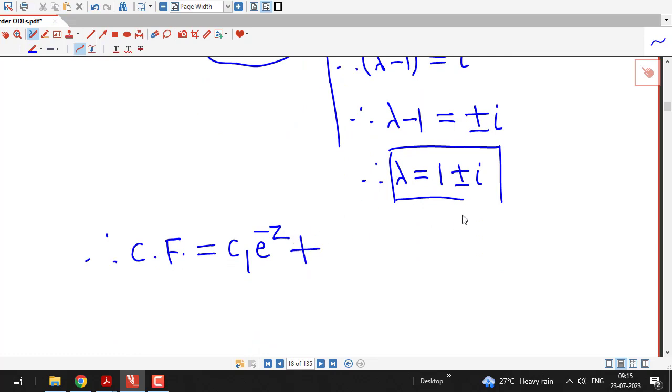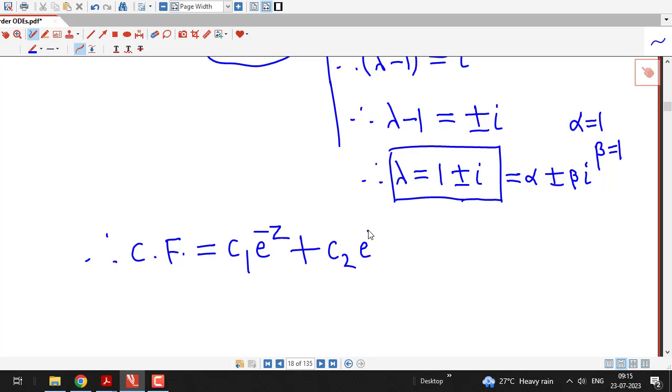Similarly, to write down the part of complementary function corresponding to complex roots, we are comparing this with alpha plus or minus beta i, and we find that alpha and beta both are 1, and we know that the solution corresponding to complex root is e raised to alpha z cos beta z.